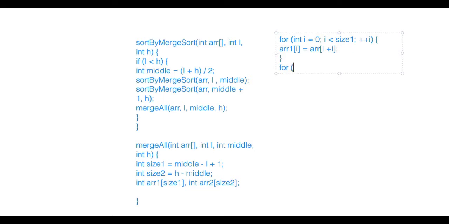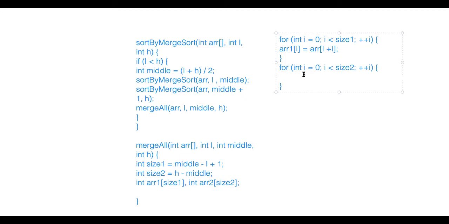Similarly, we will fill the second array. Int i equal to 0, i less than size 2. Just keep that picture in your mind that we have just used. Then the code will look easier to you. Just try to relate from that example.